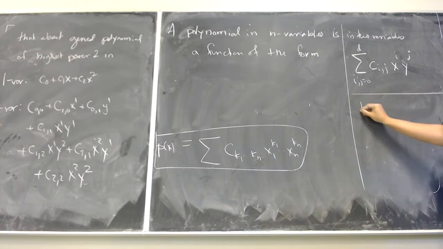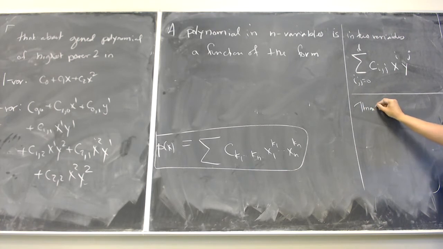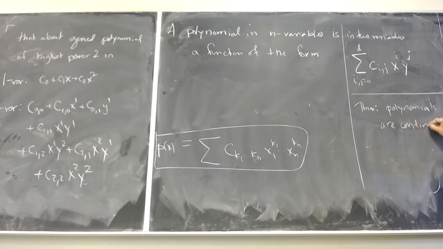Here's a theorem. One of the most useful theorems in all of analysis. Polynomials are continuous. Now, are we going to prove that? Poly proves it, and you're welcome to.